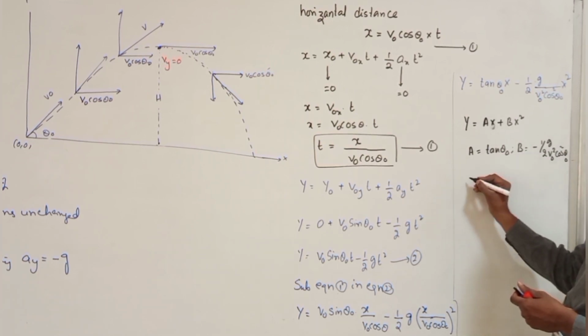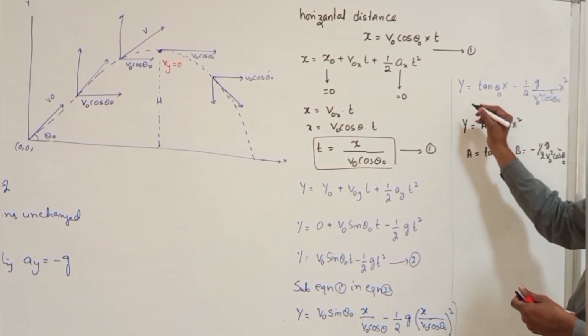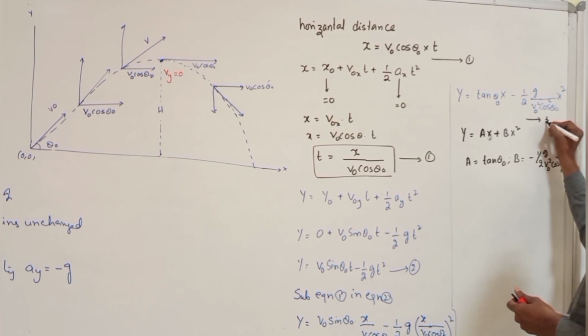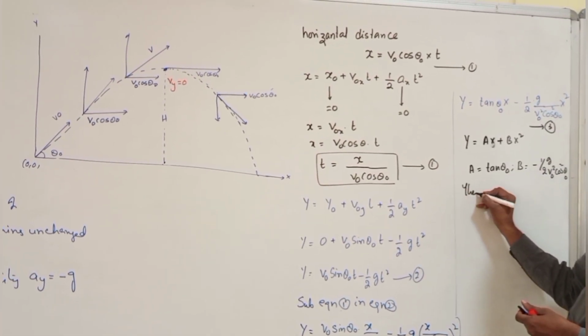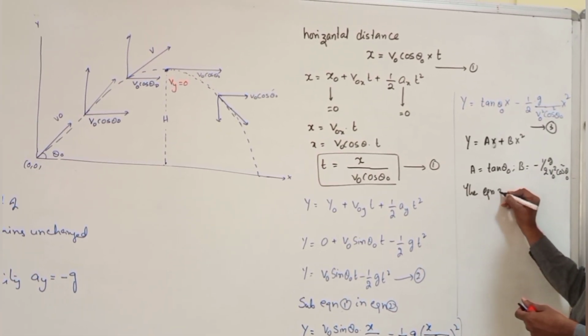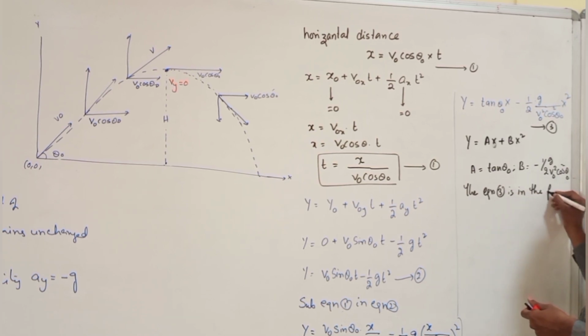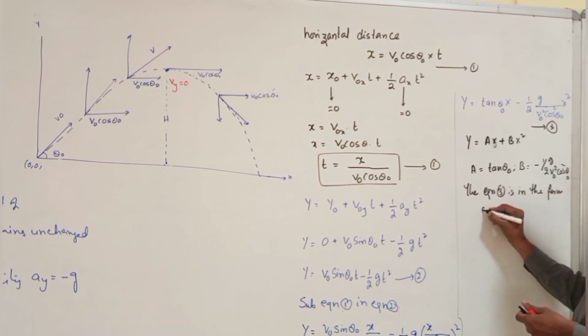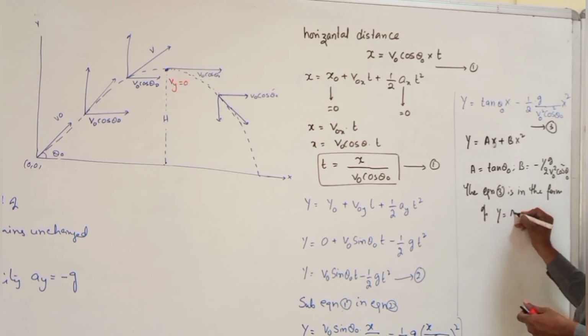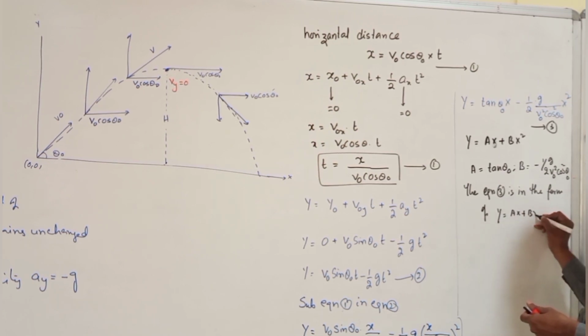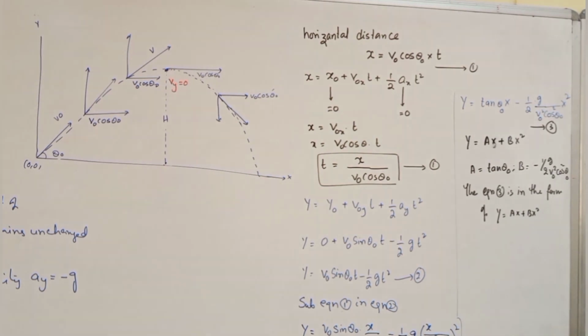So what is happening? This is in the form of equation 3. Equation 3 is in the form of y is equal to ax plus bx square, which is representing a parabola.